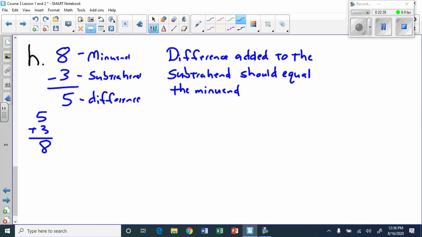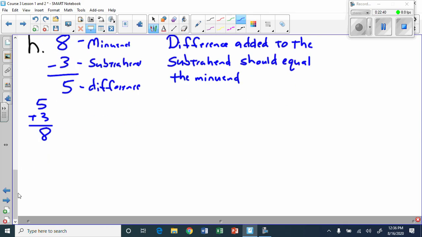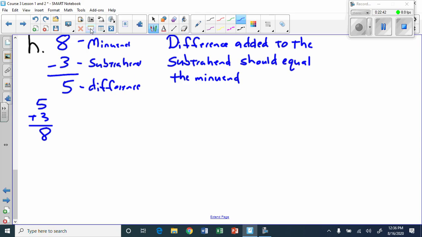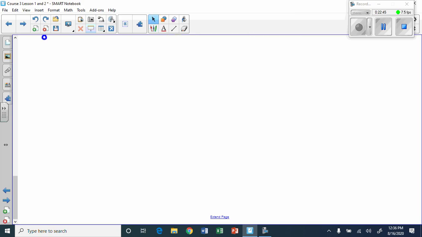So take a look at your problem I. Is that the way you worded your problem I, but this time with the quotient and dividend and divisor? Because it says explain how to check a division answer. If you did, continue checking. If not, go ahead and pause the video, retry, and see what you get.